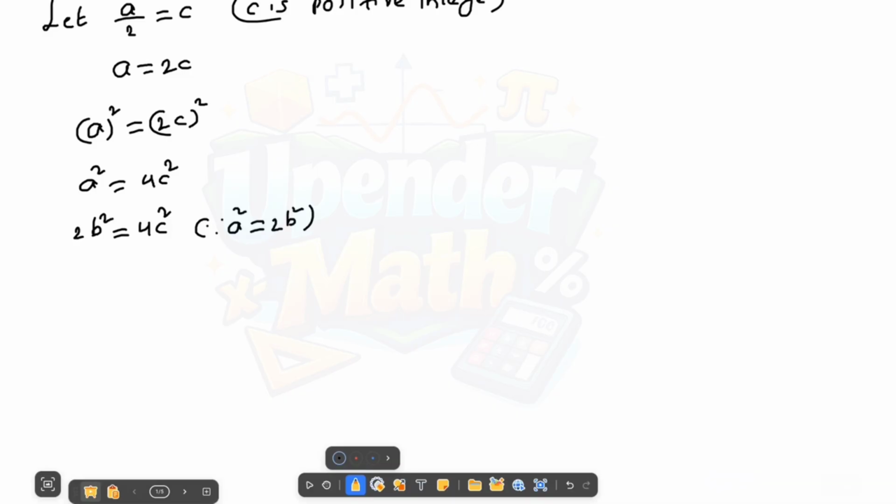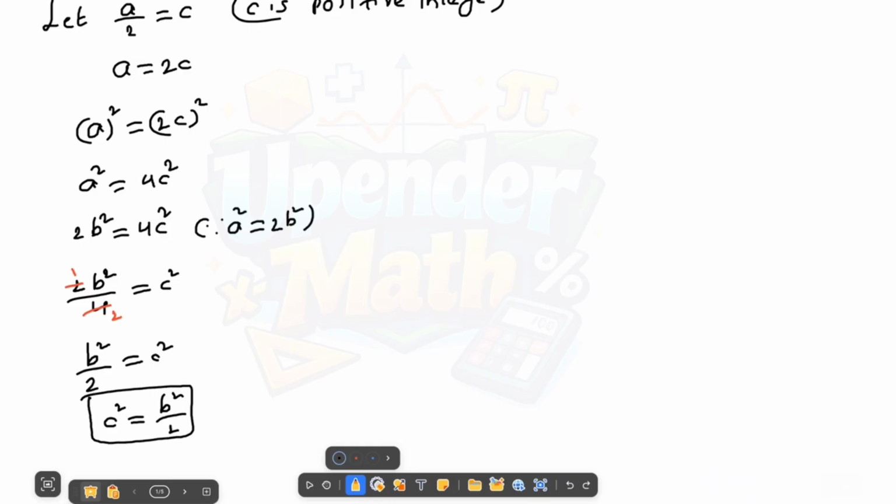Now bring 4 to the left side: 2b square by 4 is equal to c square. Here 2 ones are 2, 2 twos are 4. So b square by 2 is equal to c square. Otherwise we can write it as c square is equal to b square by 2. That means b square is divisible by 2.